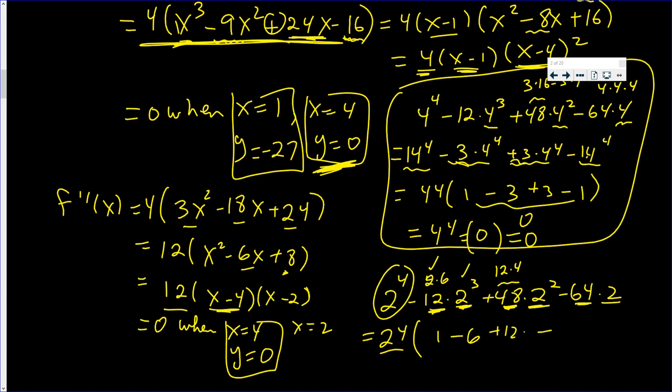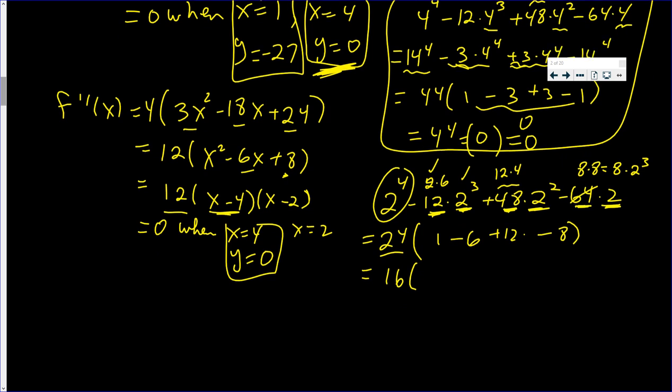Minus this here is 16 times 4. I want 8. This happens to be 8 times 8, and the second 8 is 2 cubed, times the 2 squared. That gives me 8 2 to the 4th. Okay, 2 to the 4th happens to be 16. And I'm dealing with smaller numbers now.